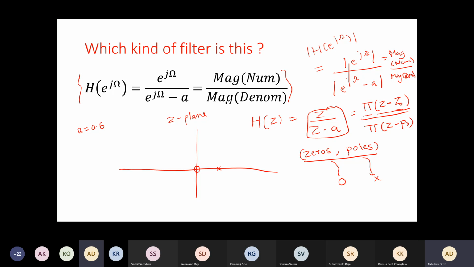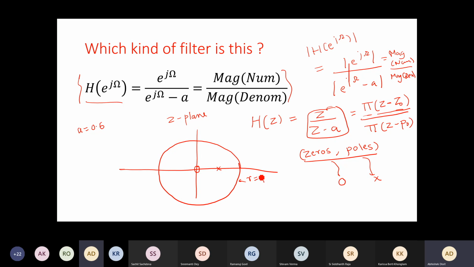Now we are investigating this H(e^jω), and we know that to look at the frequency response you have to move on the circle with radius 1.